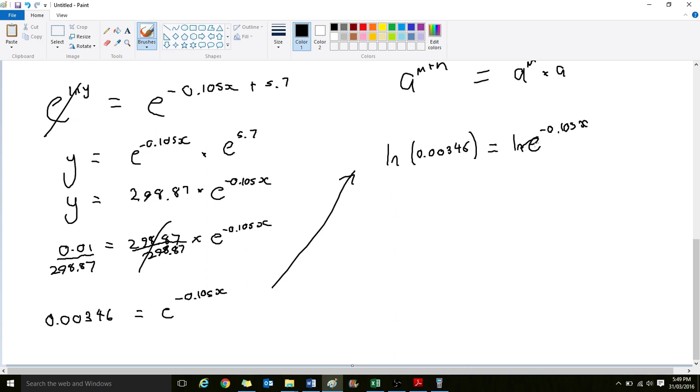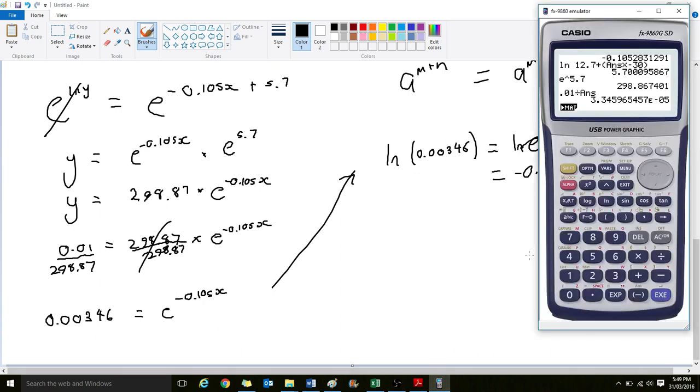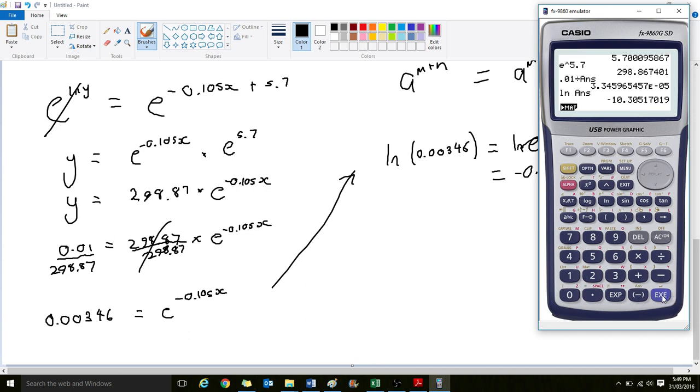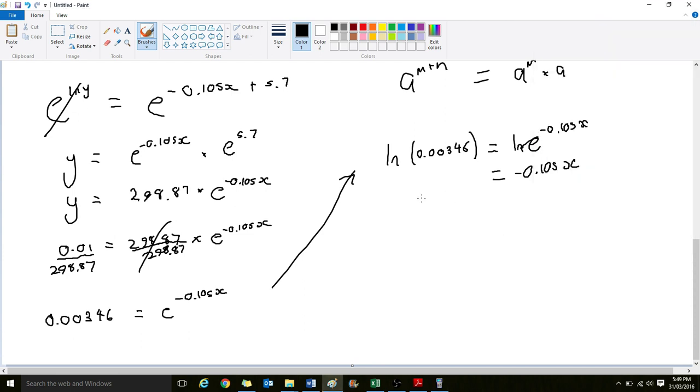Okay, and that part's cancelled, so we have minus 0.105x is equal to, and we'll calculate the ln of this number, ln shift answer, minus 10.305. Okay, and then it's just a matter of dividing both sides by 0.105.